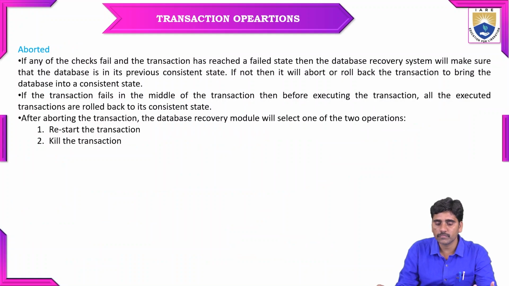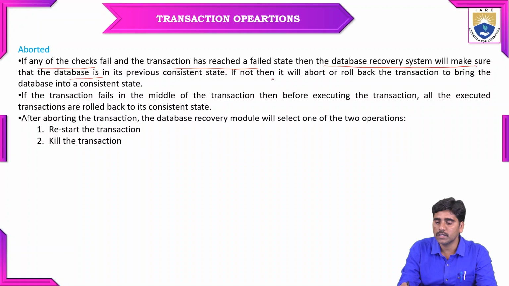Aborted state. If any of the checks fail and the transaction has reached a failed state, then the database recovery system will make sure that the database is in its previous consistent state. Then it says what? It is in the previous consistent state.